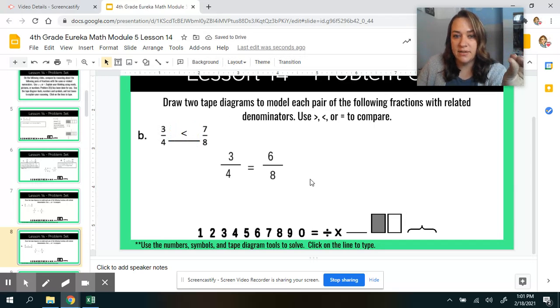So we converted it so we can see common denominators. It's kind of like comparing apples to apples instead of apples to oranges, right? It's easier for us to compare similar numbers, the same denominators, than it is different denominators. It just clicks better in our brain.